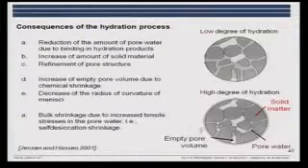Then, depending on the material, we will have a bulk shrinkage. The whole bulk will shrink due to tensile stresses being set up where we have the meniscus. This is what we call self-desiccation shrinkage, or autogenous deformation, or autogenous shrinkage.